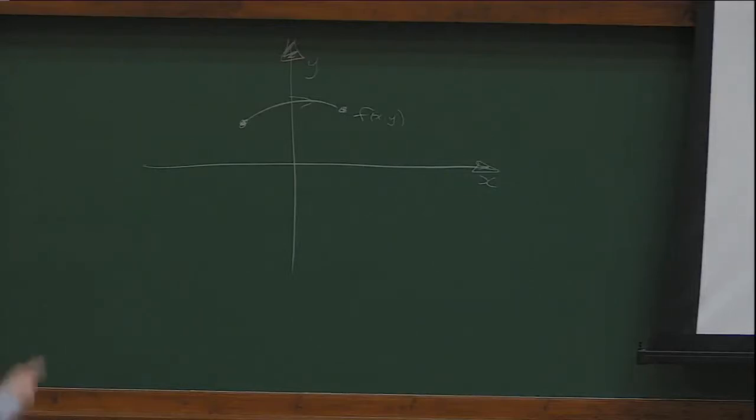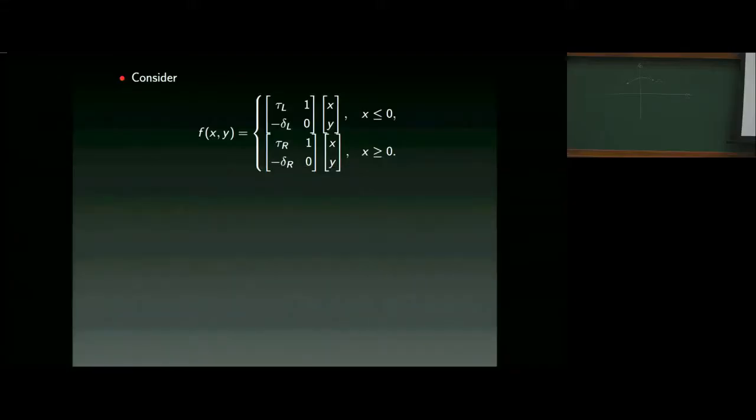The map is continuous, but it's non-differentiable on x equals 0. So there's x equals 0. The map has 4 parameters. There they are. These 4 parameters can take any real value. Okay, so the origin is a fixed point of this map.